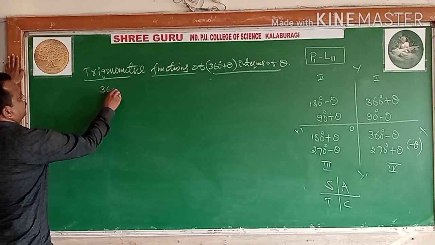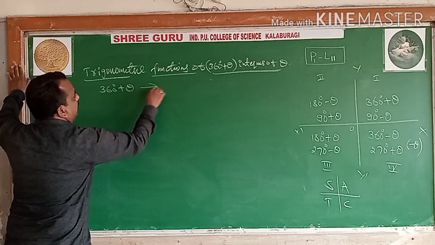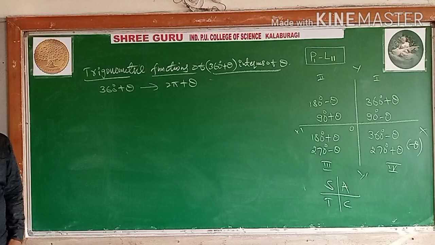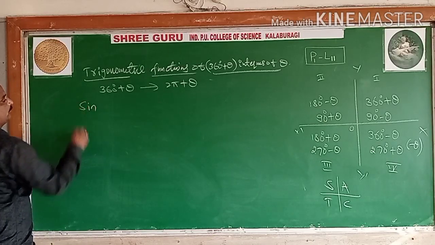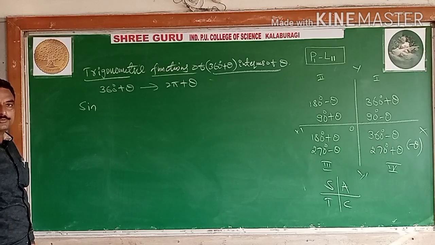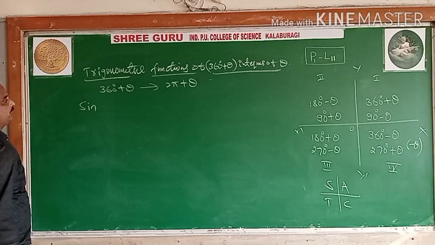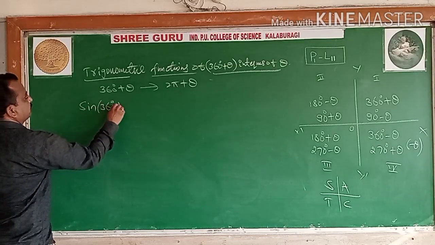In terms of radians, it is 2 pi plus theta. Now see, students, this is an even multiple of pi by 2 angle. As you have seen, for even multiples of pi by 2 the functions remain the same. For 360 plus theta, no changes.